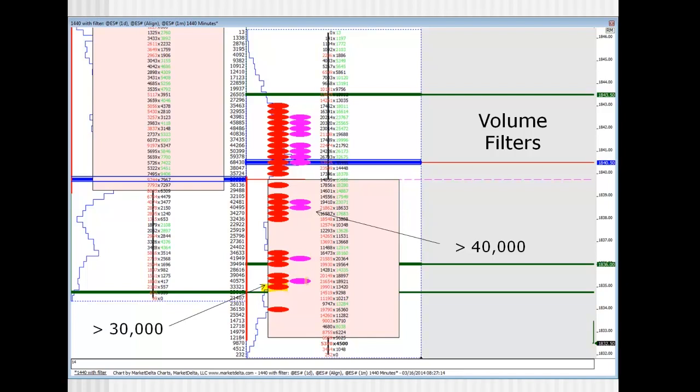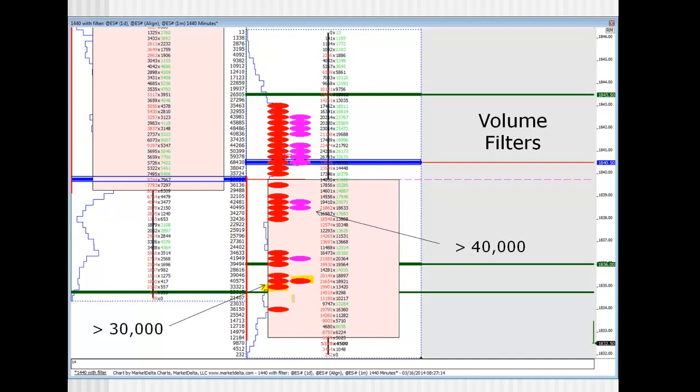If I have 40,000 or more, then give me a magenta. And I usually will ask for them to be printed side by side so I could see that. And I always like to have more than one filter because, again, when you gauge things, you want to have an idea about the extent of intensity.